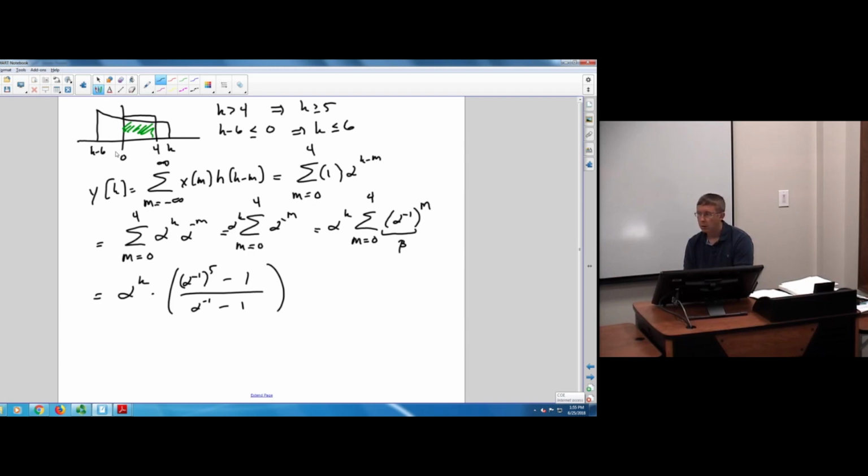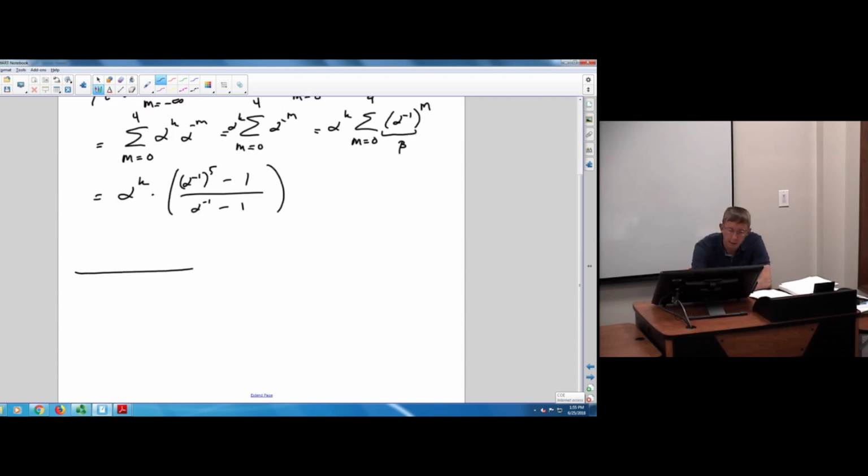There's one more, or two more cases. Let's draw the cartoons for them. K is continuing to increase. Eventually this is going to slide up to here. So our next little cartoon looks like this: here's the one I've been drawing all along, and now we've got this going on.